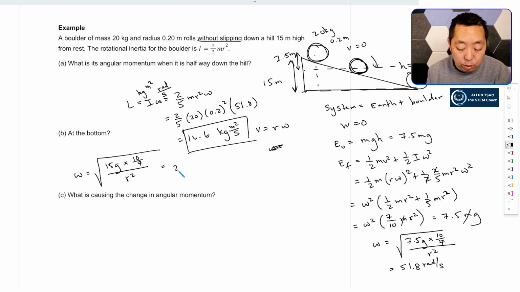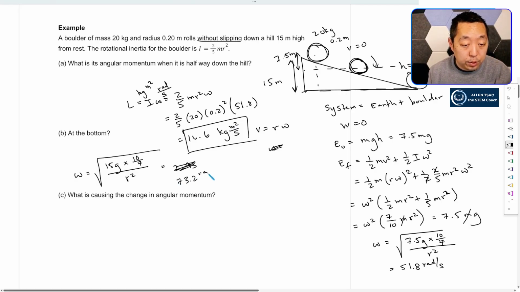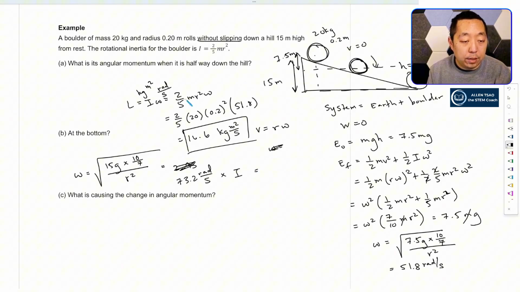Oh, slight error on my calculator. I figured it out: 73.2 radians per second. And then multiply by the I that we had over here, so times 2/5 times 20 times 0.2 squared. That's going to give you 23.4 kilogram meter squared per second.